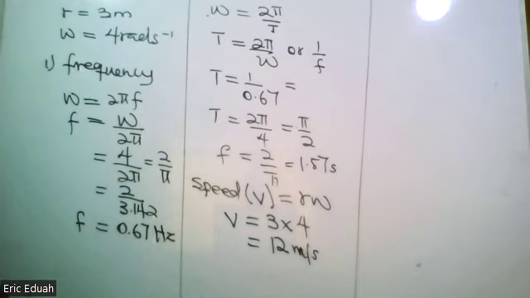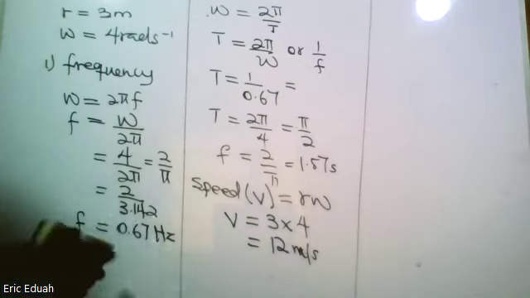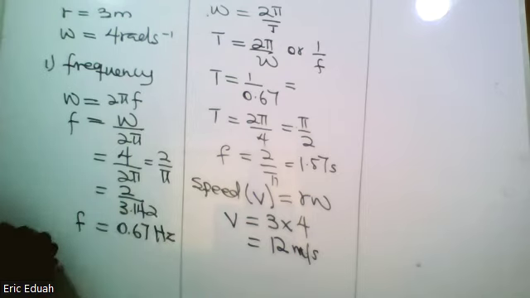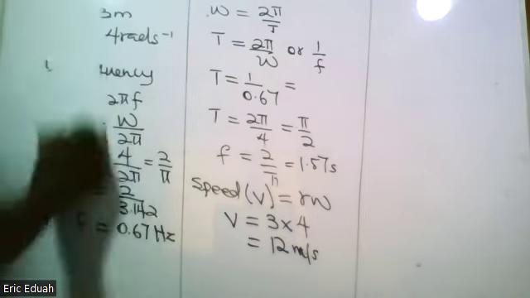Now, just as we have 3 equations of linear motion, we also have equations of circular motion. For linear motion, let's recap what we learned about the equations of linear motion.